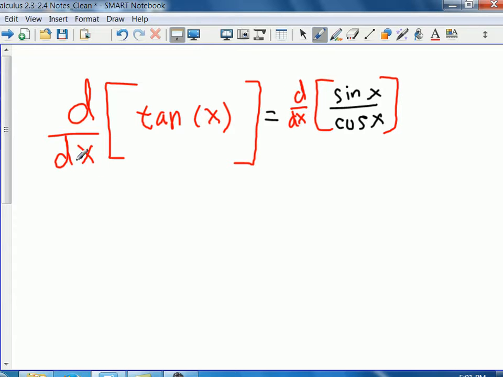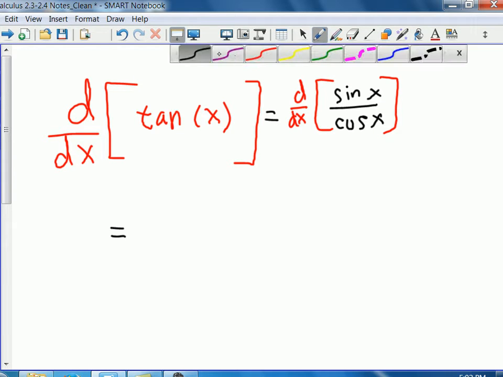We're going to be doing the derivative with something that has an x in it. We can only do our rules with something that has an x in it, right? So this is really what we want to do, the derivative with respect to x of this. So we're going to actually do that, and that will just simply come out to the following.